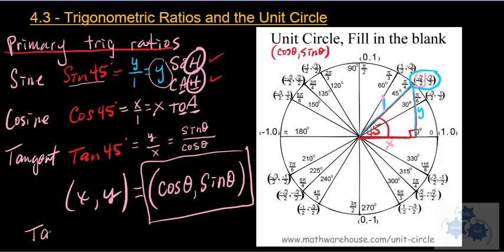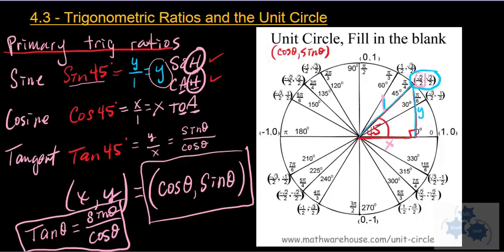Tangent, if you didn't know this before, tangent theta can be defined as sine theta divided by cos of the same theta. You guys don't know that, eh? First time seeing that? Nice. I count it a privilege to be part of your inaugural learning of this fact. But that's where it comes from.